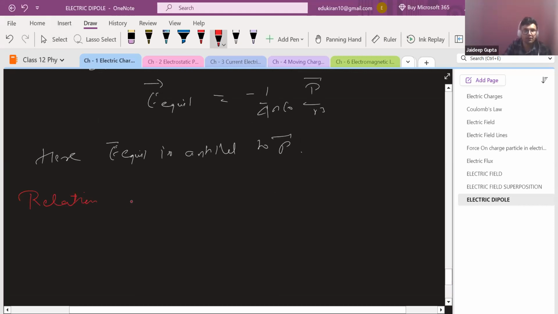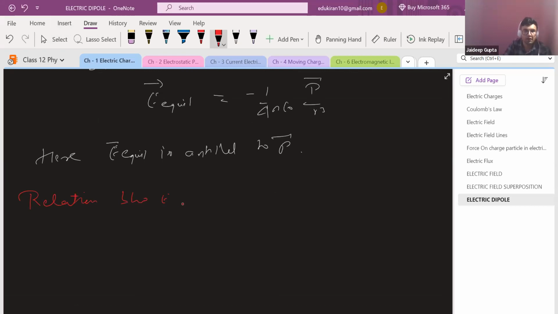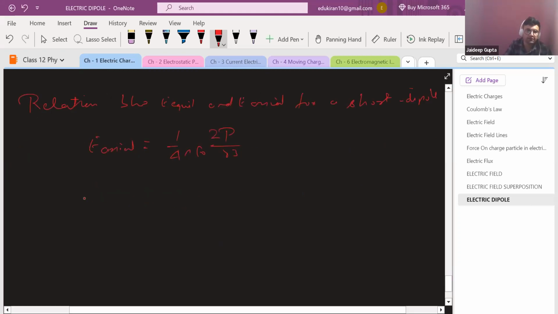Now the relation between E equatorial and E axial for a short dipole. So E axial equals 1 over 4 epsilon 2p over R cube for axial.